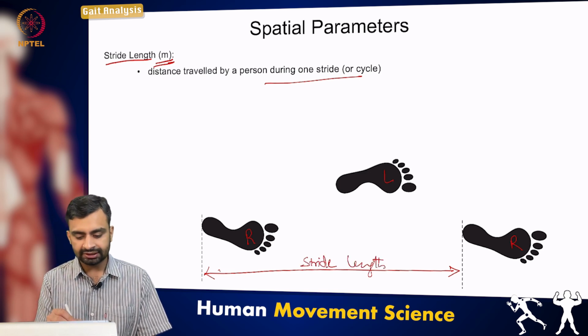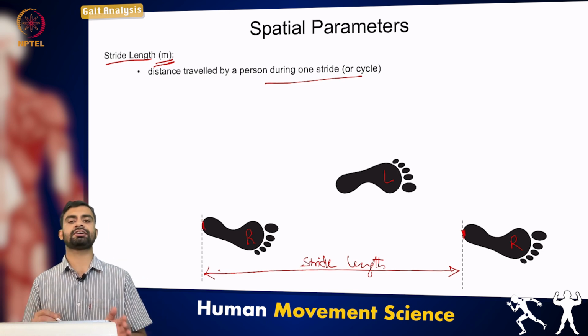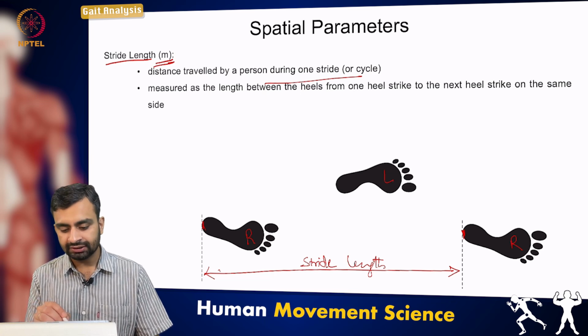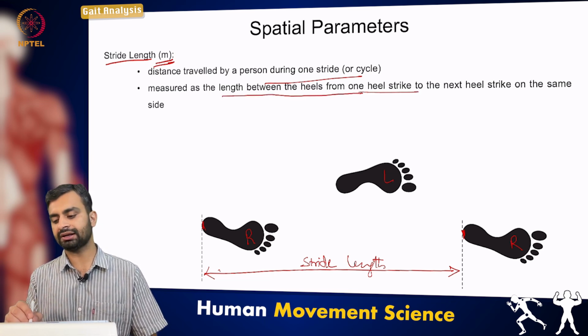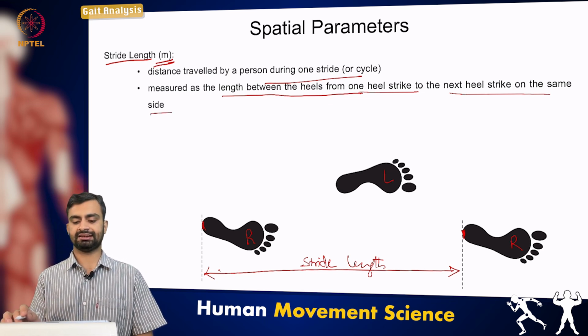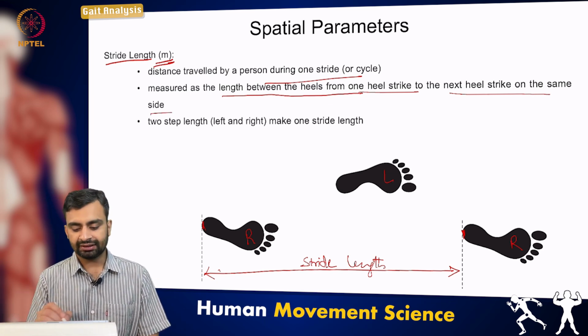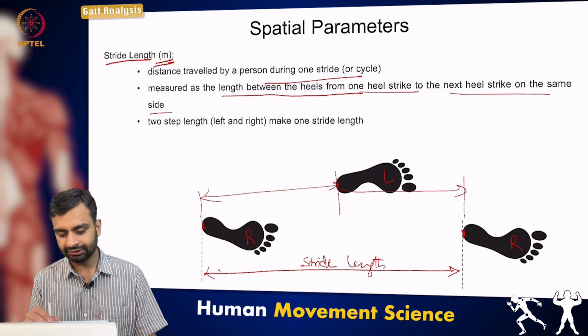It is the distance between heel strike to the next heel strike of the same foot. So it is nothing but the length from one heel strike to the next heel strike on the same side. It consists of two steps, left and right. For example, you are moving from here to here and then from here to here.